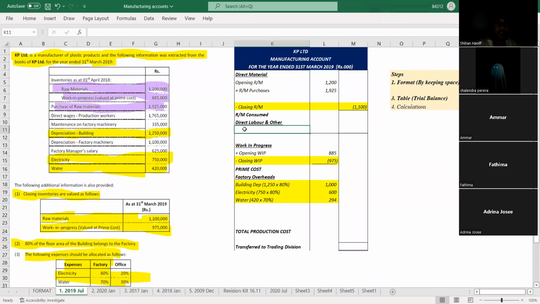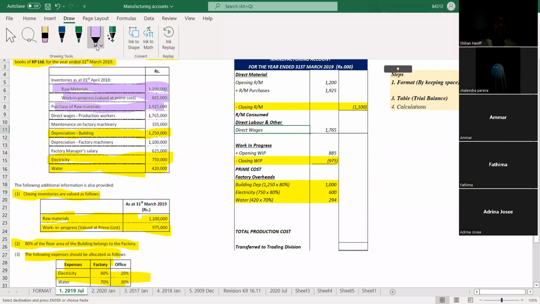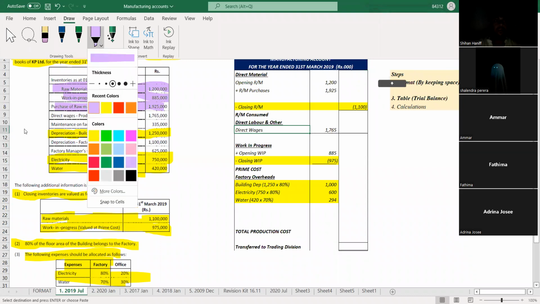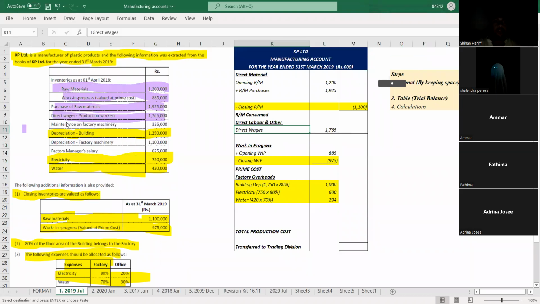So it's direct wages here. 1765. Maintenance, factory machinery.